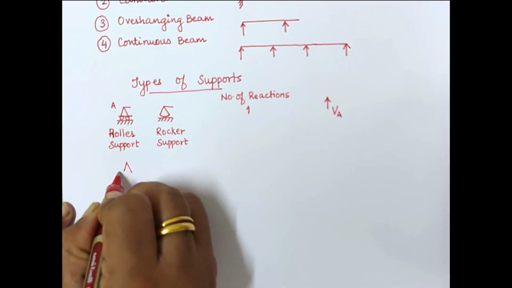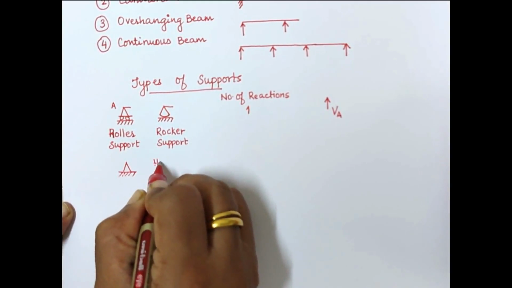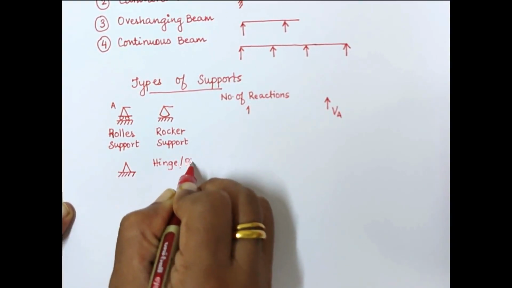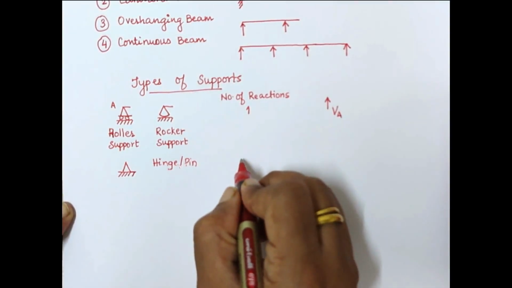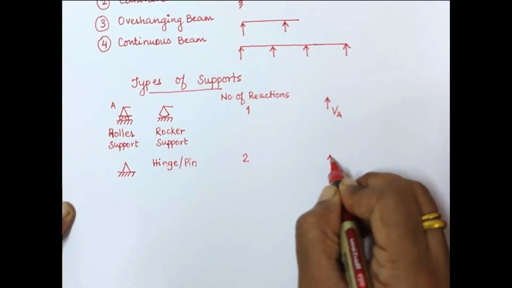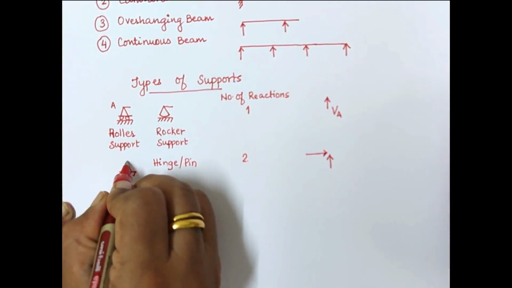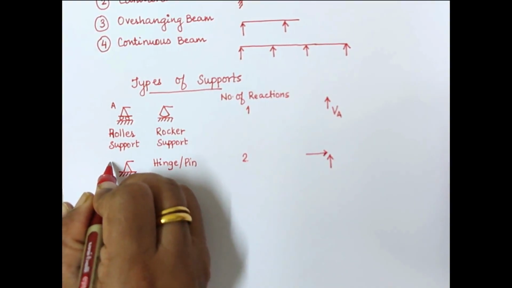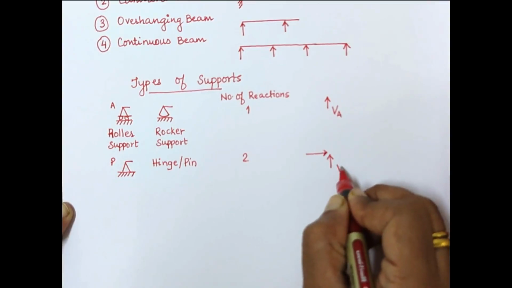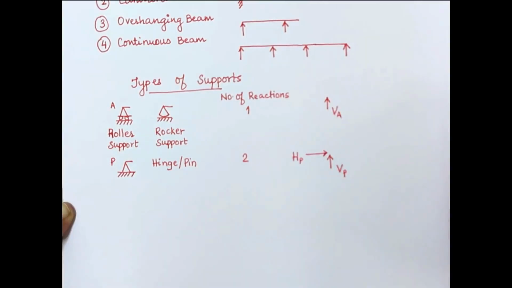This is known as a hinge support or a pin support. Now, in this, the number of reactions are always two. So, we have one vertical reaction and one horizontal reaction. Say we name that this particular point is, say, some point P. So, this will become vertical at point P and horizontal at point P.